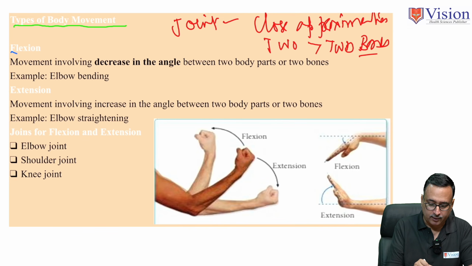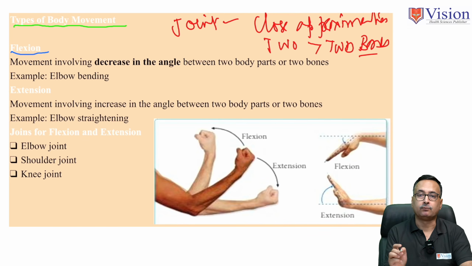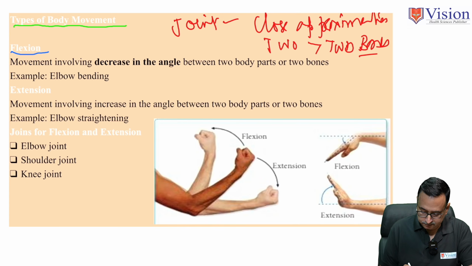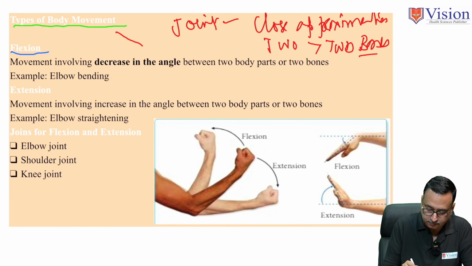First is the flexion movement. Flexion is a movement in which two body parts come closer and the angle between two body parts reduces. From this example, I will show how the flexion operates. Say these are two body parts.